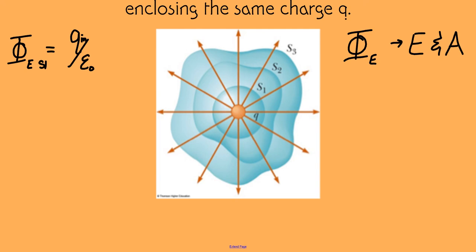It works out that for all 3 of these surfaces, S1, S2, and S3, the electric flux can be expressed as the Q that's inside of that surface divided by epsilon naught. Because again, you can always draw a sphere inside of that irregularly shaped surface.